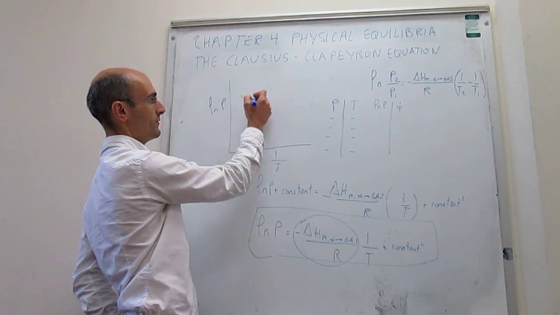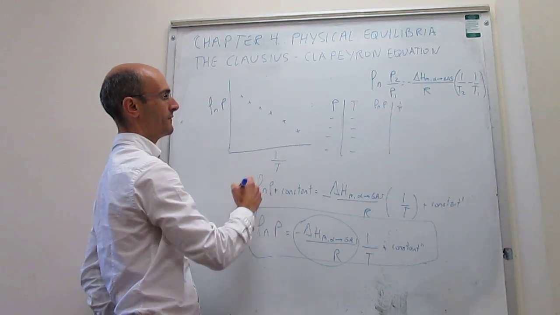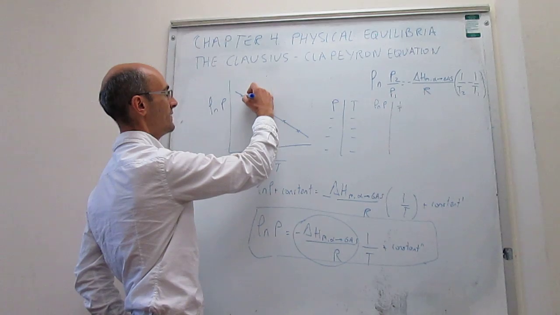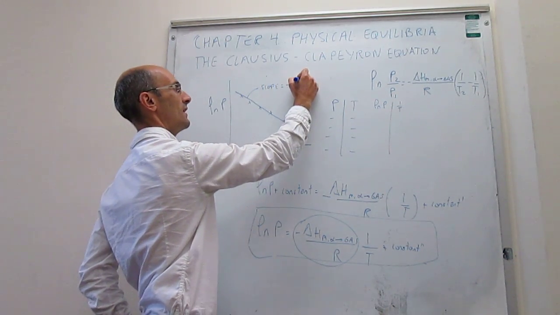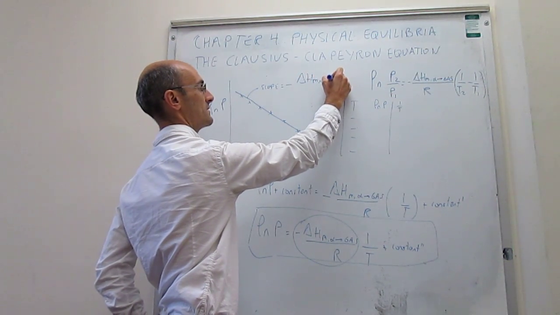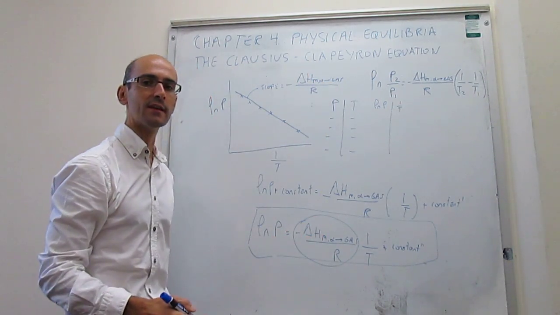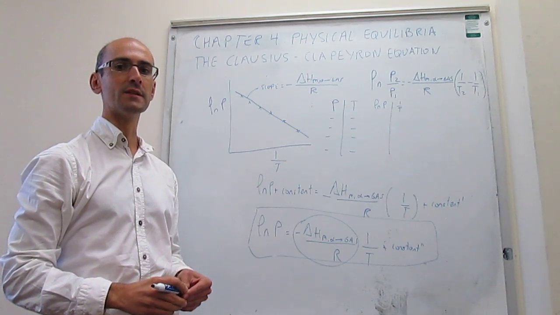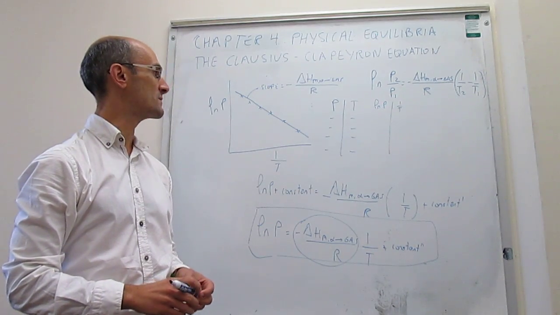So here you will have your 4 or 10 points, however many you've been able to get out of the phase diagram, and you can trace that straight line, and the slope of that line is equal to minus the enthalpy of vaporization, in this case of that substance, over the R constant. So this seems like a nifty method to calculate vaporization enthalpies for phase transitions from the phase boundary.